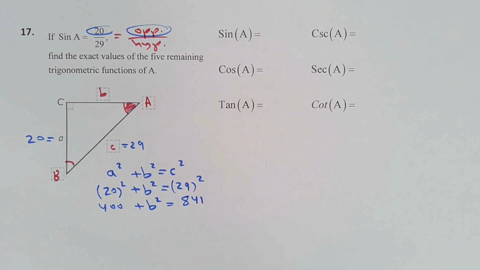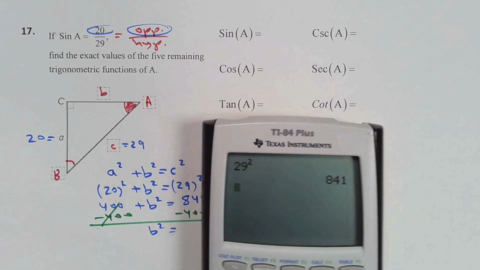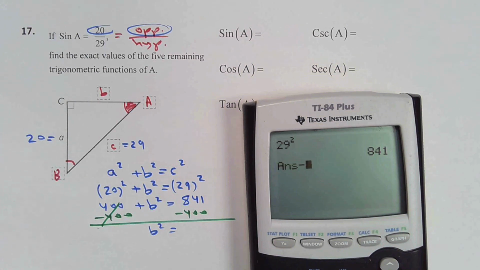We need to subtract 400 from both sides to solve for b. And b squared by itself, I still have the 841. Subtract 400, 441.